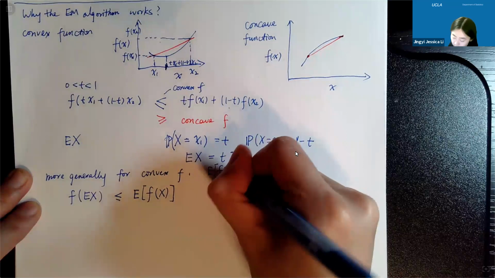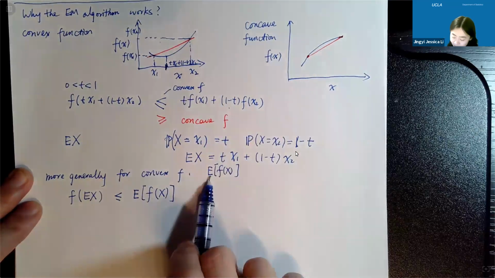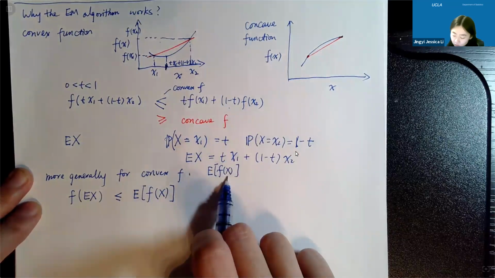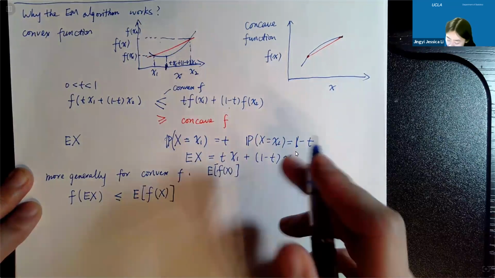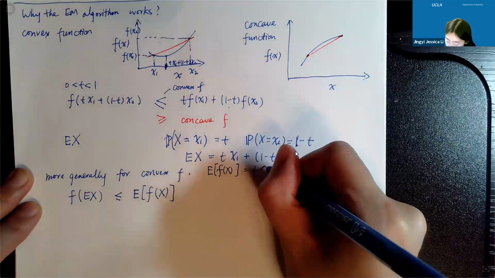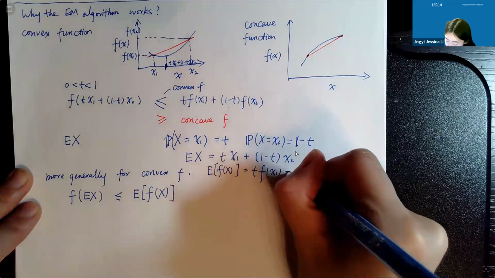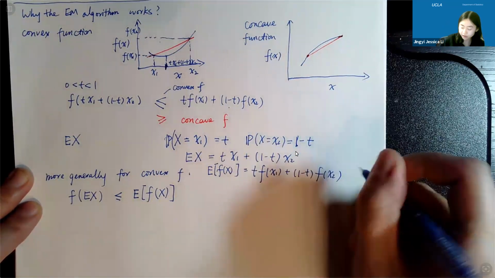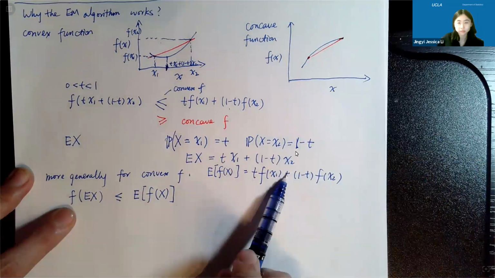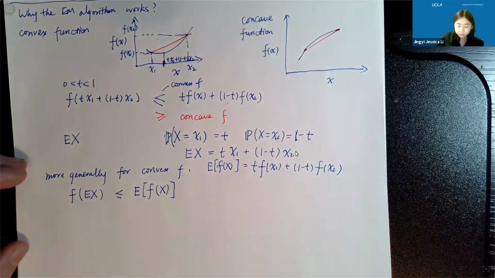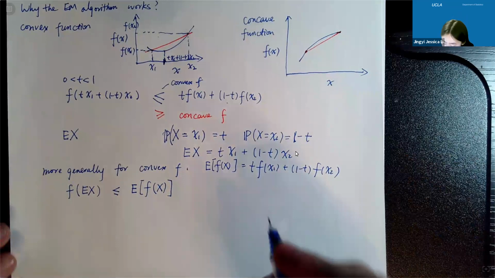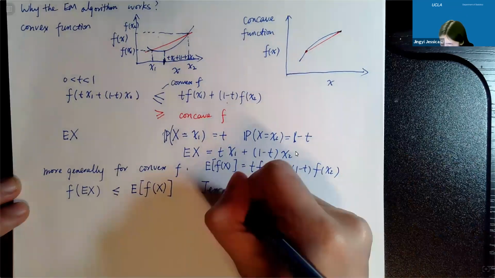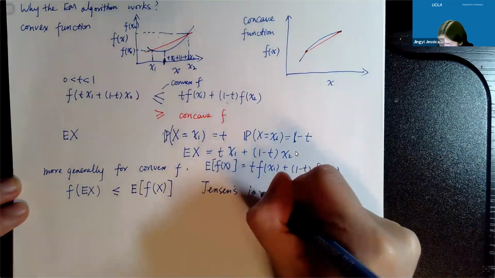By the definition of expectation, when x takes only two values, x1, x2, we can still write it as t f(x1) plus (1 minus t) f(x2). That's why I generalize this to this. So this is a very important inequality called Jensen's inequality.